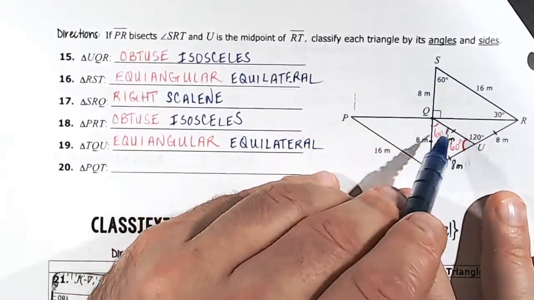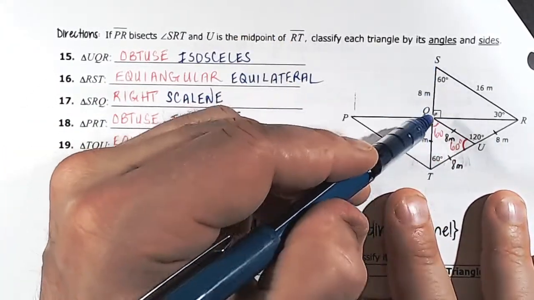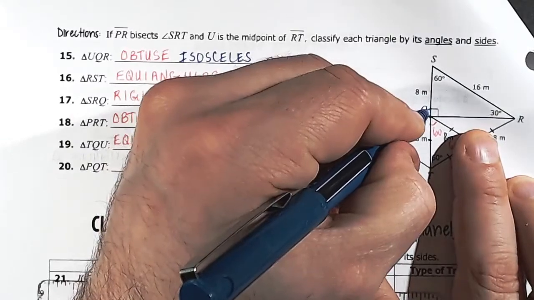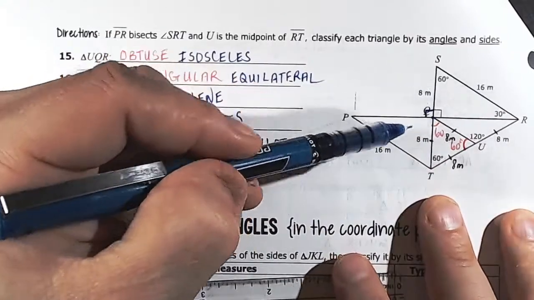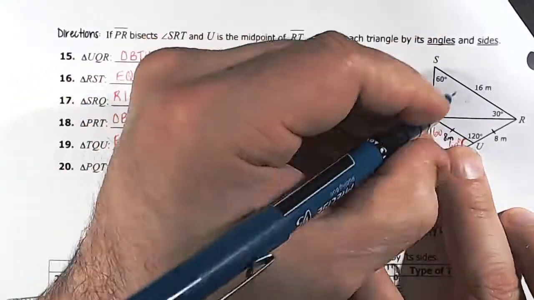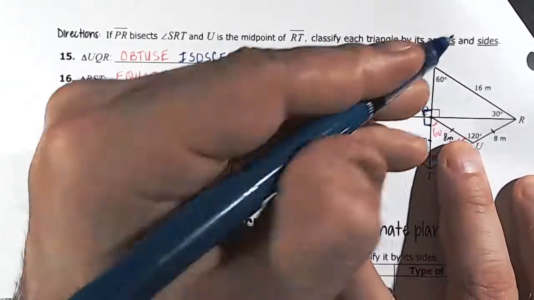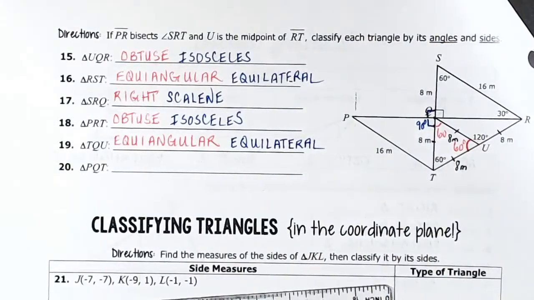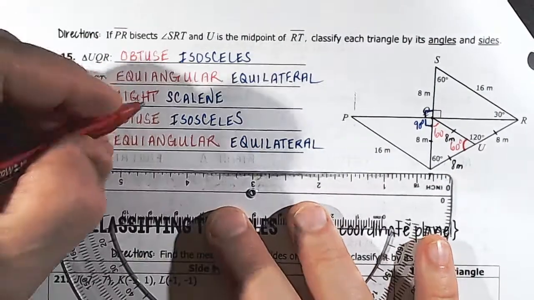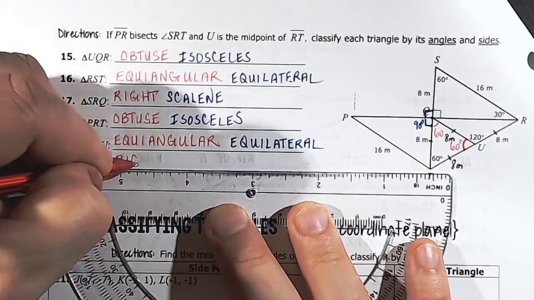Because this angle SQR is a right angle right here, then angle SQP is also a right angle, which means that because these two are right angles, this angle here, PQT, is also a right angle. Okay, so this is a right angle, 90 degrees. Because we have the presence of a right angle, we call this triangle PQT a right triangle.